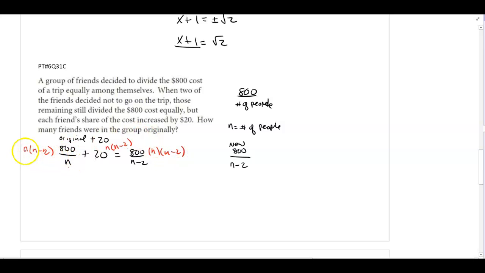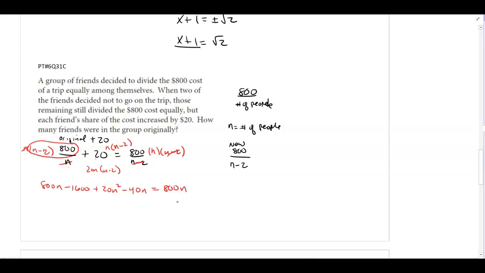Now, when I multiply this, the n's cancel, and this gives me 800 times n is 800n, 800 times negative 2 is minus 1600, plus 20n times n minus 2 is going to give me 20n squared minus 40n equals n minus 2 cancels and leaves me with 800n.